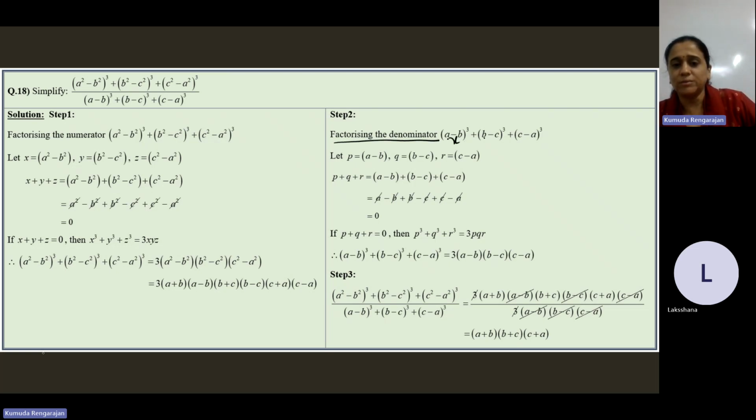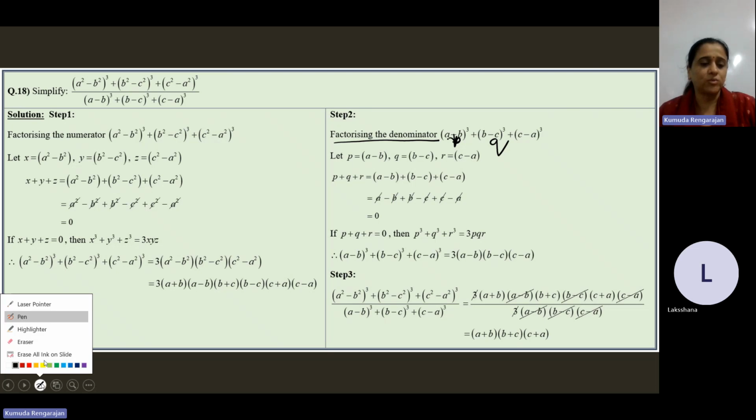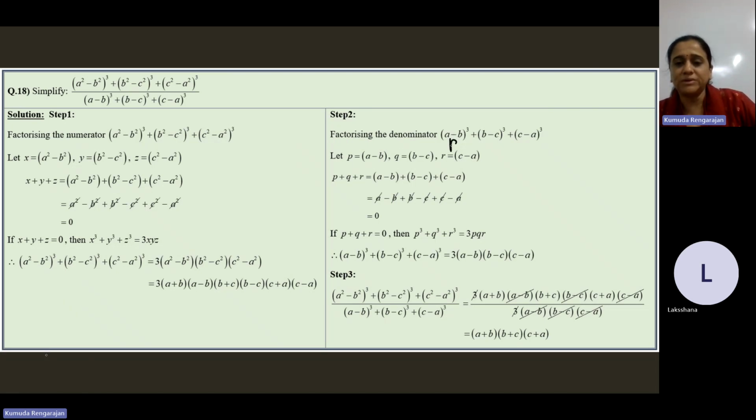Denominator is again of the form cubes. I've not used x, y, z again. I'm calling this p, q, and r, because it's the same question, so don't use the same variables x, y, z. So this is p cubed plus q cubed plus r cubed. What is p? a minus b. q is b minus c, and r is c minus a.